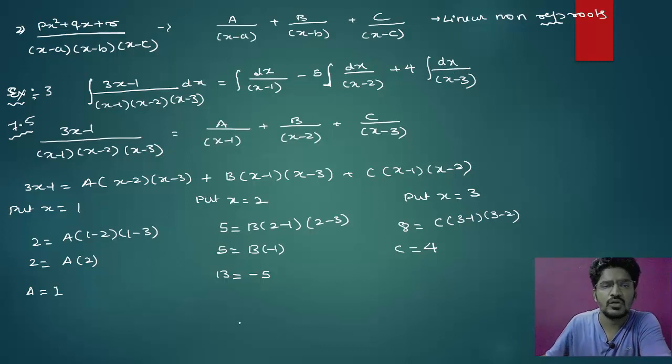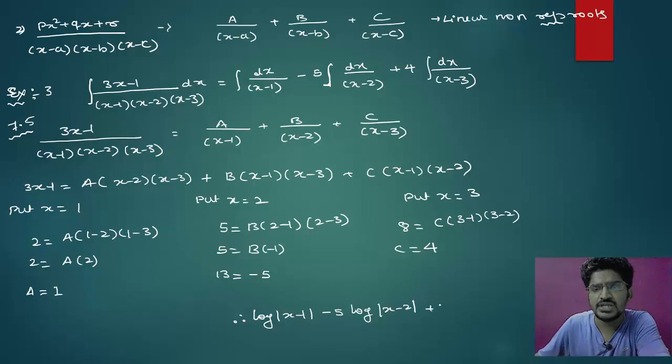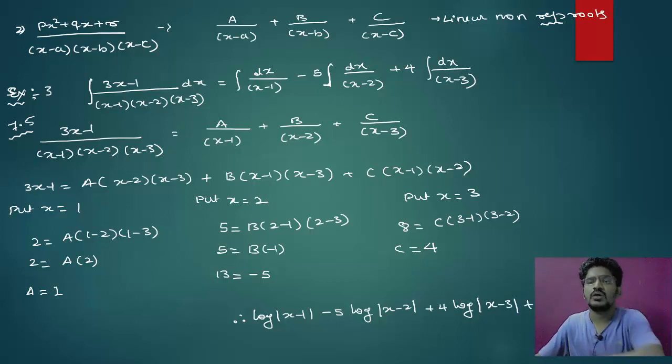So therefore, what is your answer? You can see this will be log of mod of (x − 1), minus 5 log of mod of (x − 2), plus 4 log of mod of (x − 3), plus C. Okay, so this will be your answer.